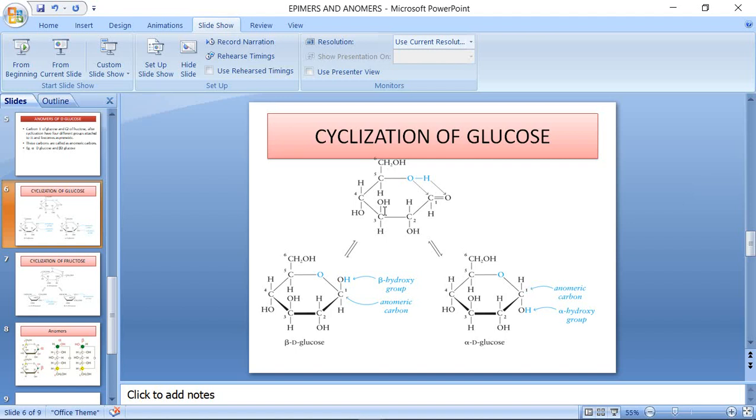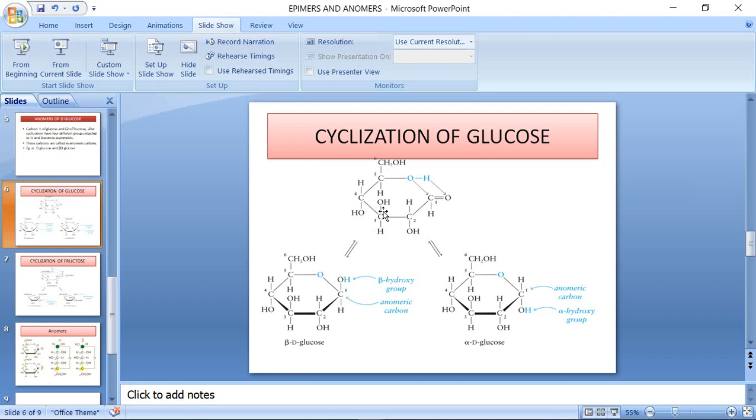Now you see in the open chain of glucose, the aldehyde group, the first carbon CHO group condenses with the alcoholic group of the fifth carbon to form a hemiacetal ring. Hemiacetal ring, that is the cyclic structure of glucose.